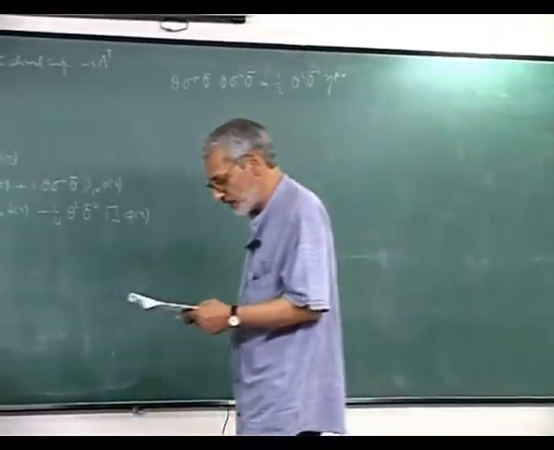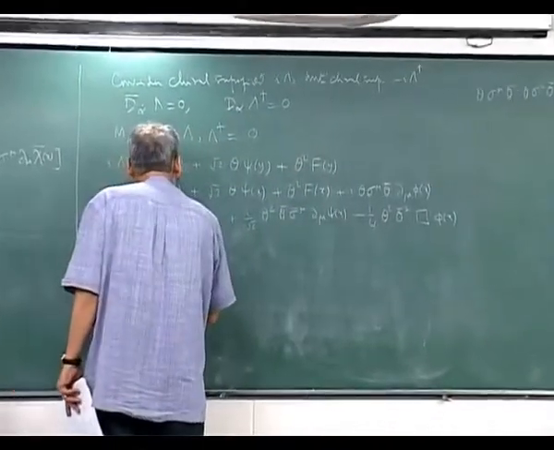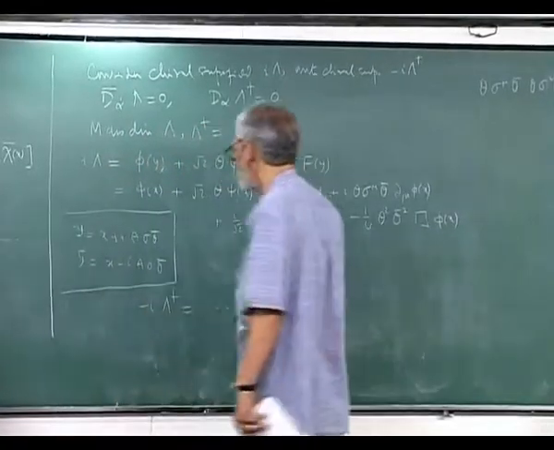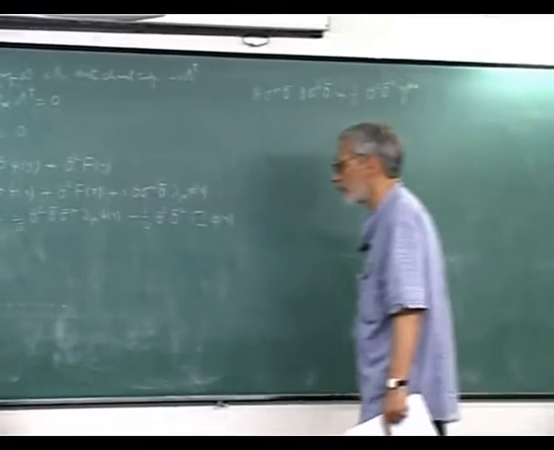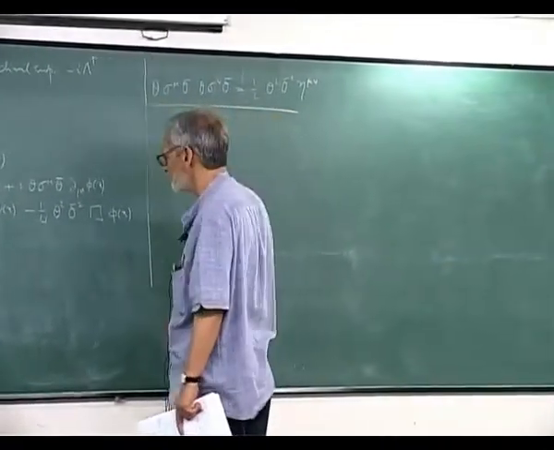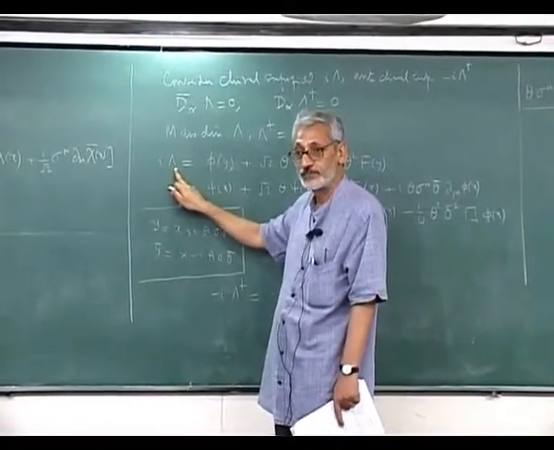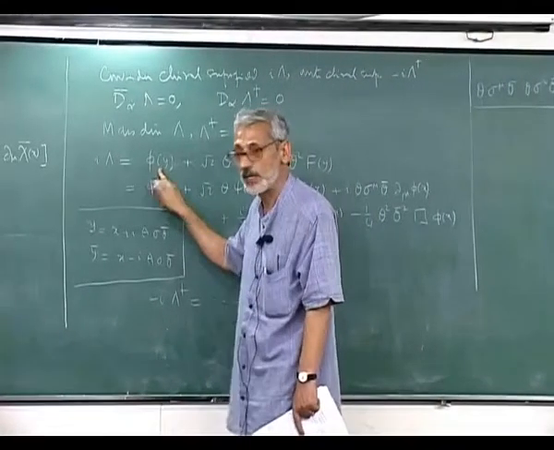And similarly, you can now write the expansion for minus I lambda dagger. Now notice, this object has mass dimension 0, which means the mass dimension of phi is 0.